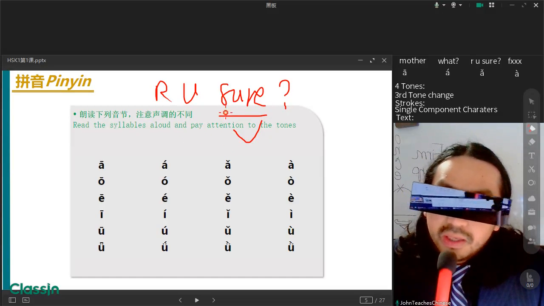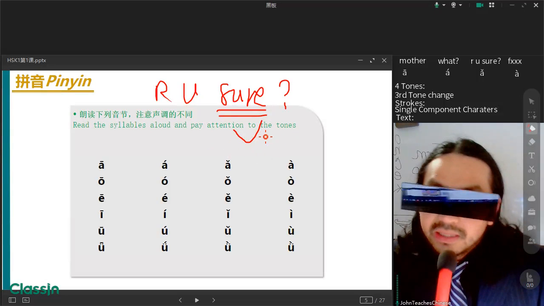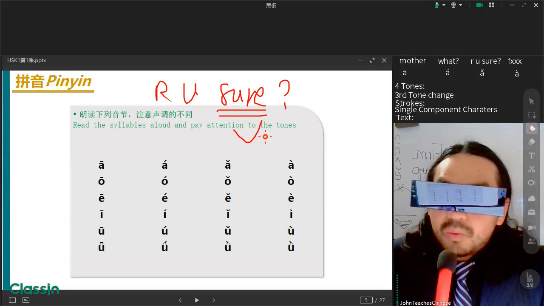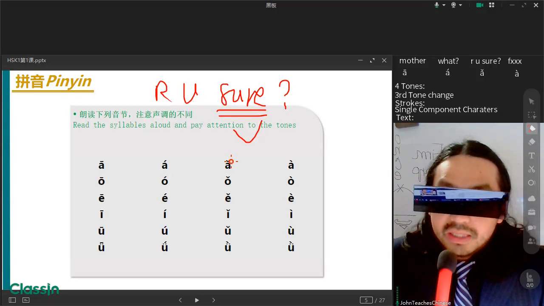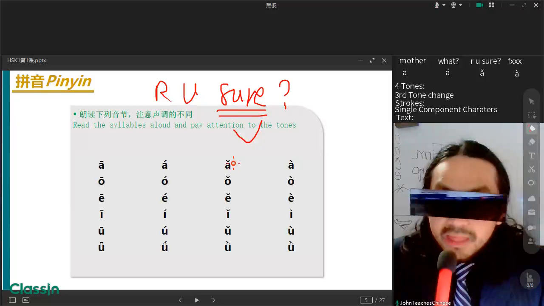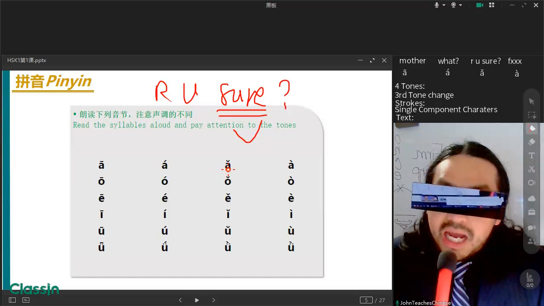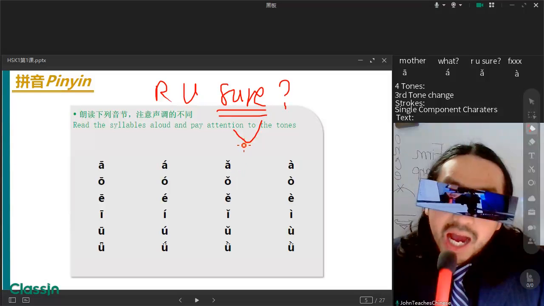The tone, how he speaks this word sure, has a change. And this is the closest mood of how to pronounce the Chinese third tone. Are you sure? Sure.